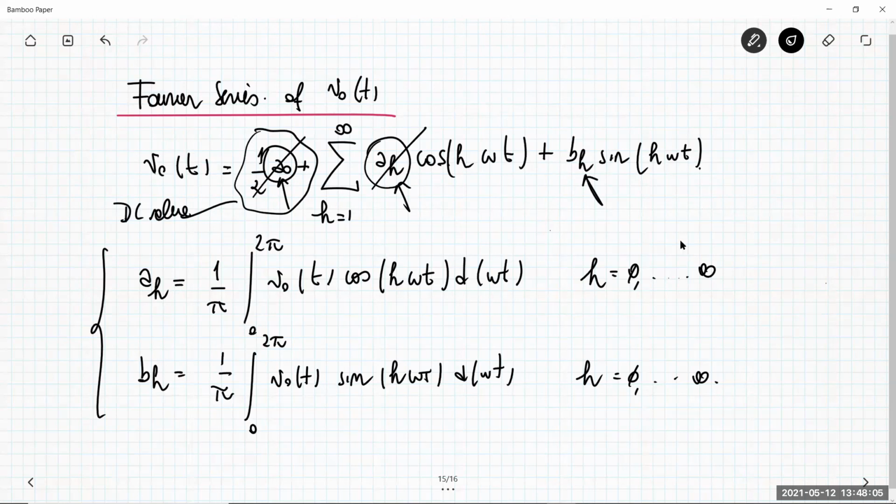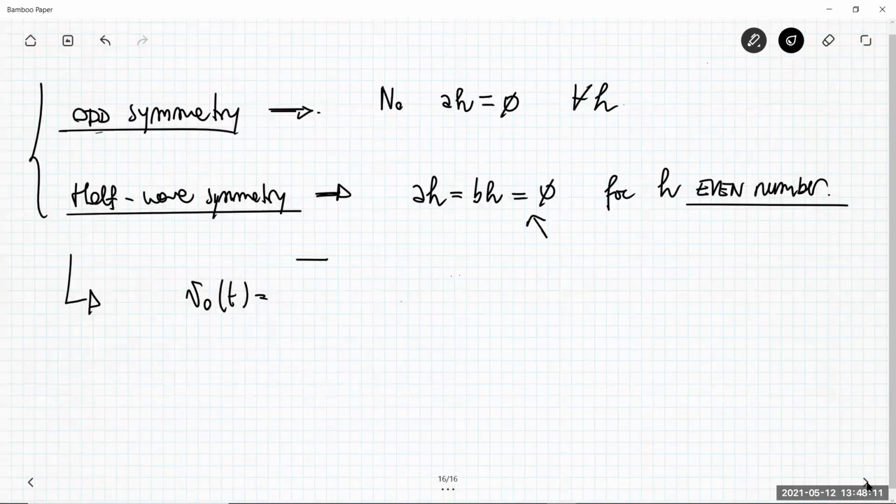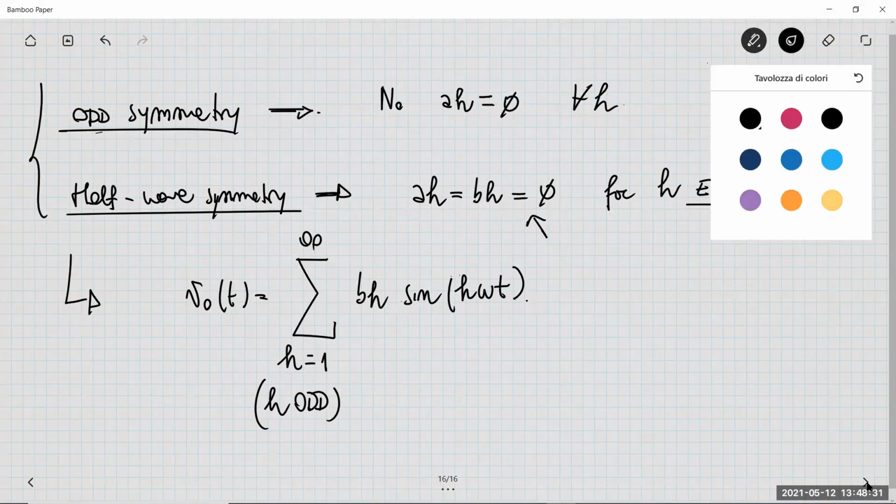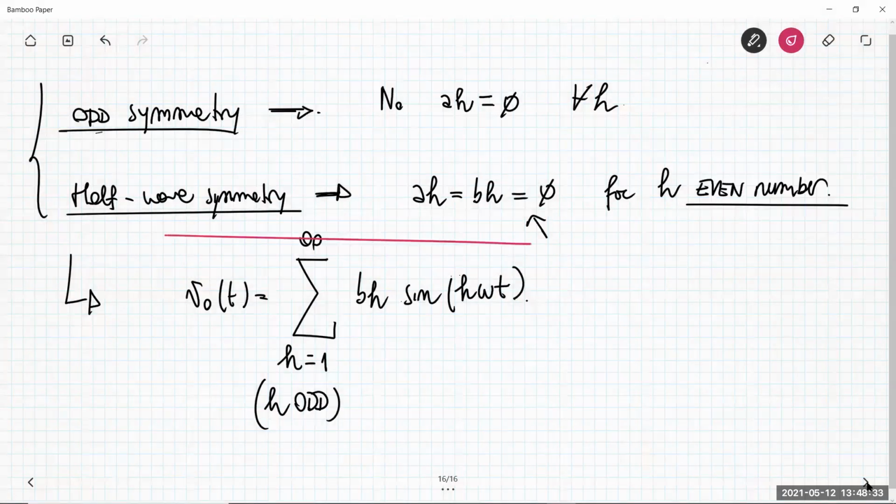I have just this term here, in which H should be odd: BH sine H omega t. This is my Fourier series for the waveform I had before.